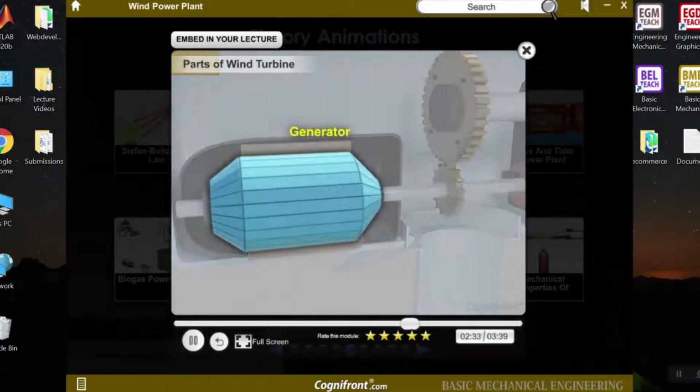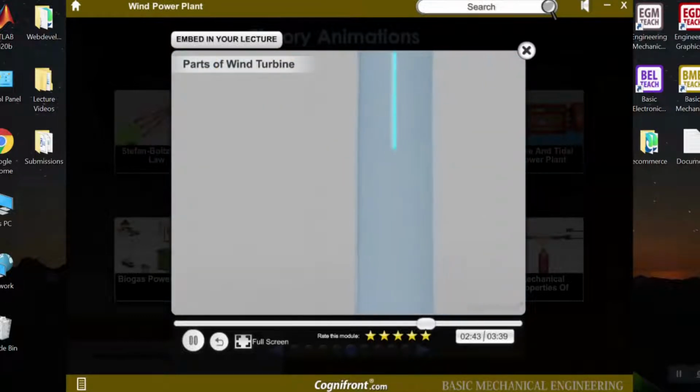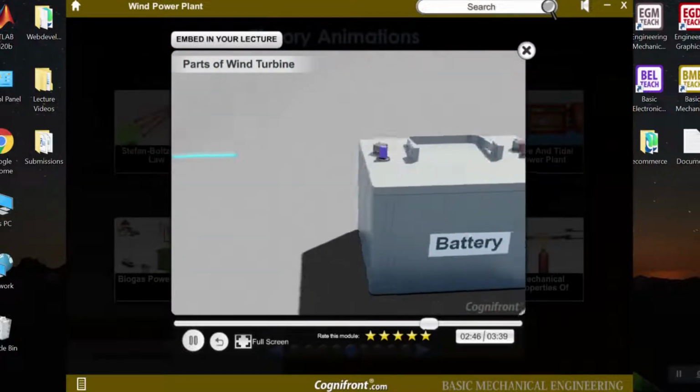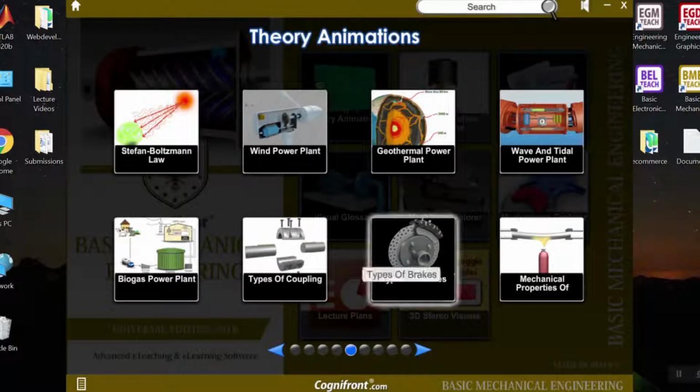Next is generator. The high-speed rotating shaft is connected to the generator. Because of this, the generator rotates and electricity is produced. This electricity can be stored in batteries and can be used whenever necessary. So, as you see, this helps in the understanding of the complex mechanisms and the concepts.